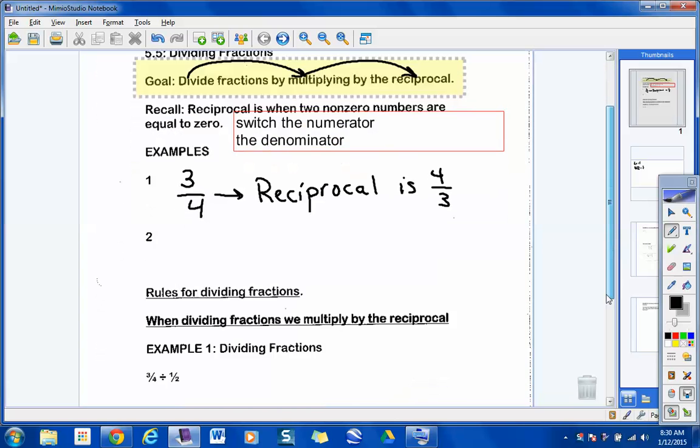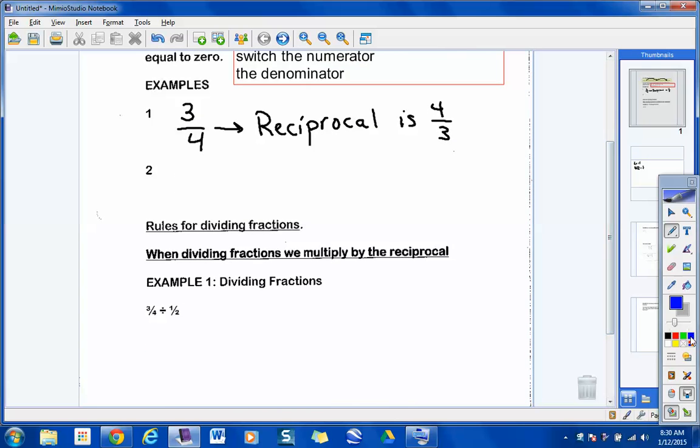What if I give you a situation like this and say, here's a mixed number, let's go maybe 2 and 3/5. And the question would become, what's the reciprocal of 2 and 3/5? Well, in order to find the reciprocal of 2 3/5, we would have to turn this into an improper fraction first. So what does 2 3/5 equal as an improper fraction? 13 over 5. Okay?